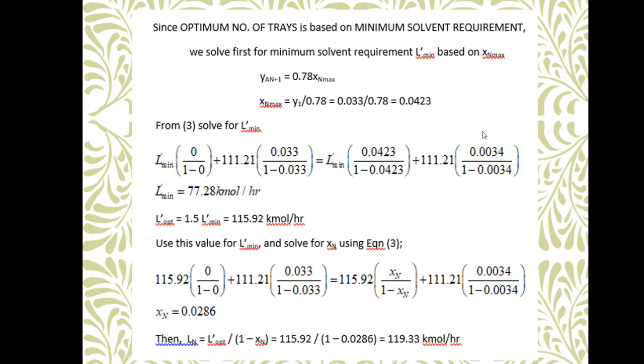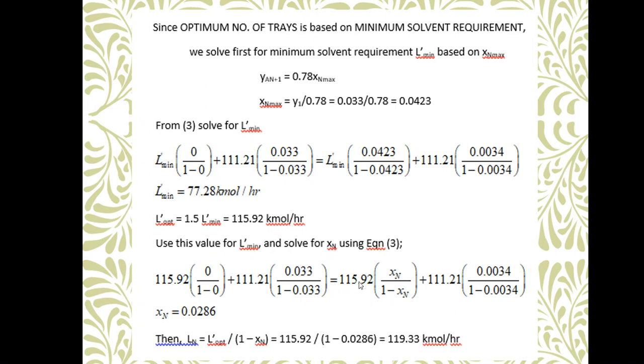And this is your Y1 or YA1. Knowing the minimum will help you solve for the optimum solvent requirement, and we use 50% of the minimum value. So 50% of 77.28 will be 115.92 kilomole per hour.